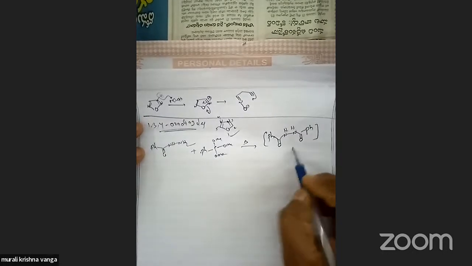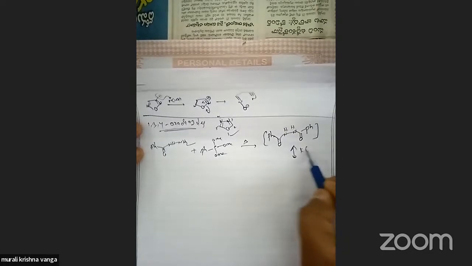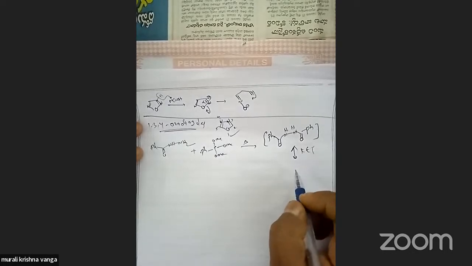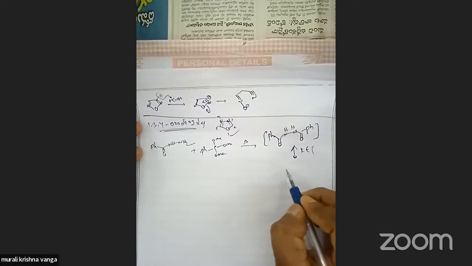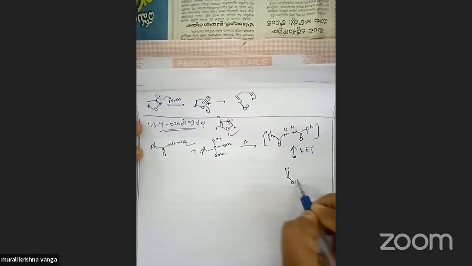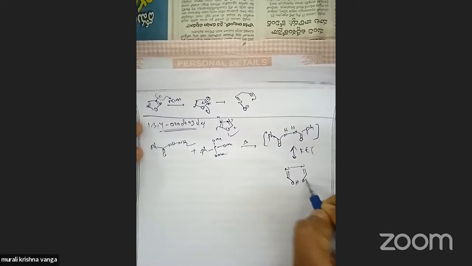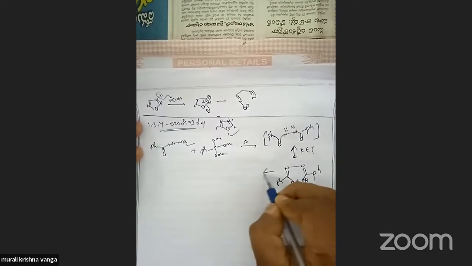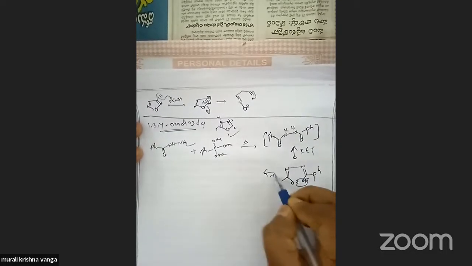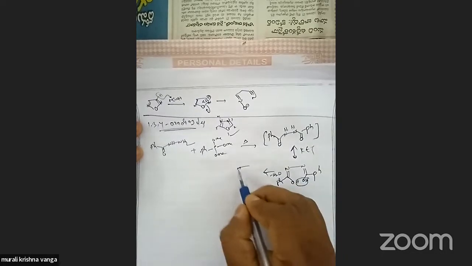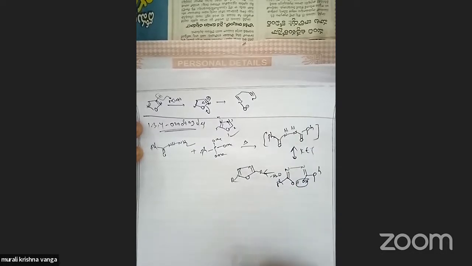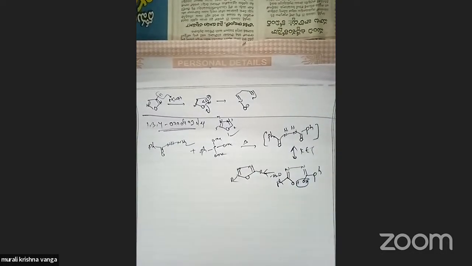This is an intermediate. This intermediate undergoes keto-enol tautomerism, giving OH and phenyl. It then undergoes loss of a water molecule. The product is 1,3,4-oxadiazole.